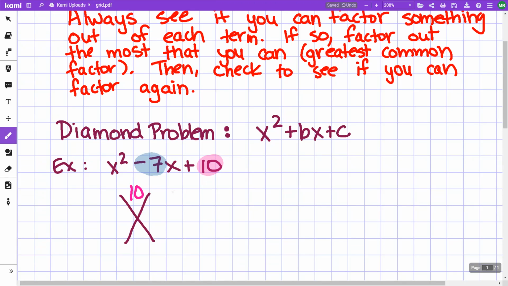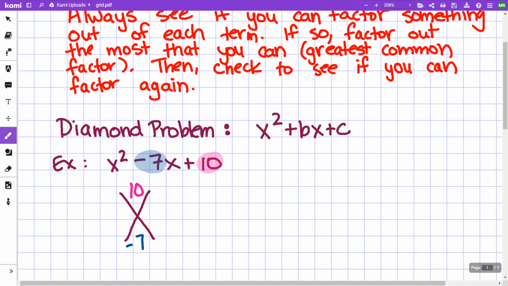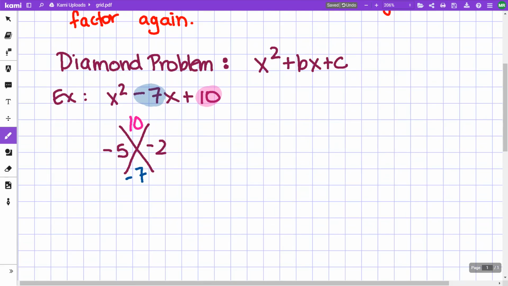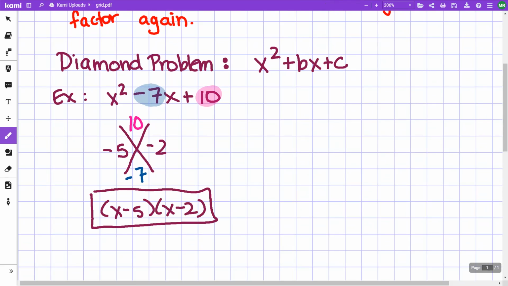So we're trying to add and get a negative 7. What multiplies to a positive 10 and adds to a negative 7 is a negative 5 and a negative 2. So our answer is x minus 5 times x minus 2, and those are our factors.